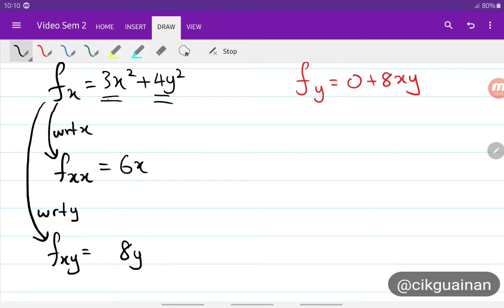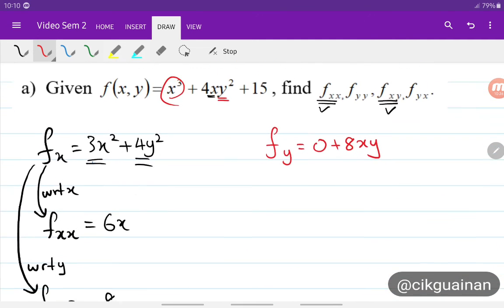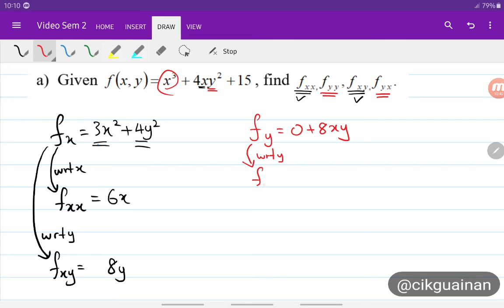Now let's continue with f sub y. From f sub y we can get f sub yy and f sub yx. We differentiate f sub y with respect to y and get f sub yy, which is 8x, since y is the variable.